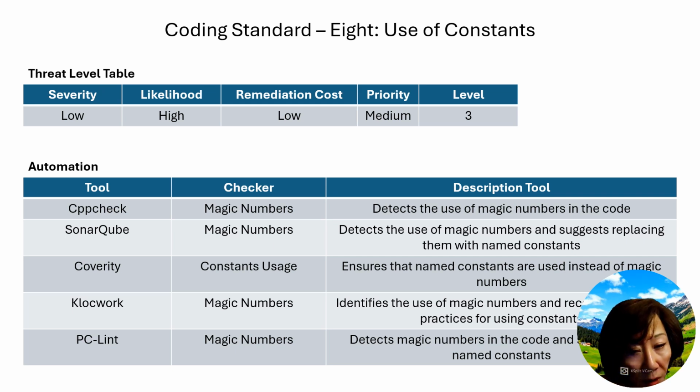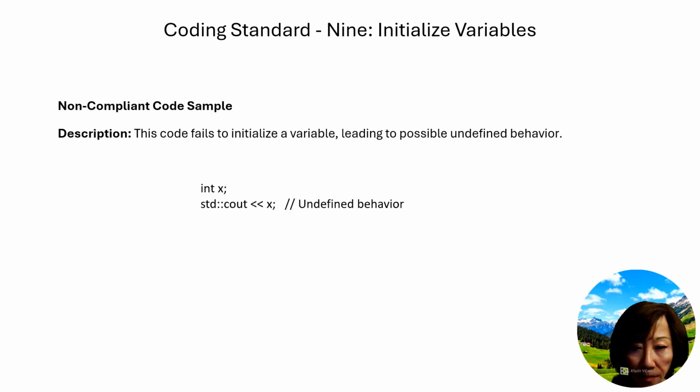Severity low, likelihood high, remediation cost low, priority medium, and level 3. We have several tools that can automate this to check that you do not have magic numbers and you are using constants correctly: CPPCheck, SonarQube, Coverity, Klocwork, and PC-lint.